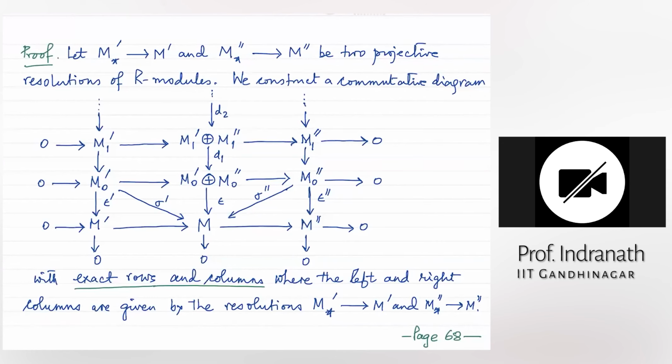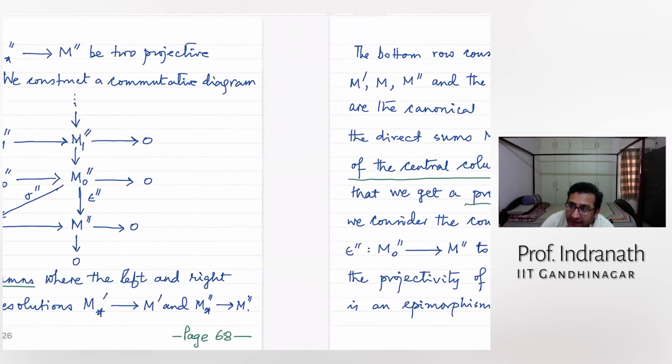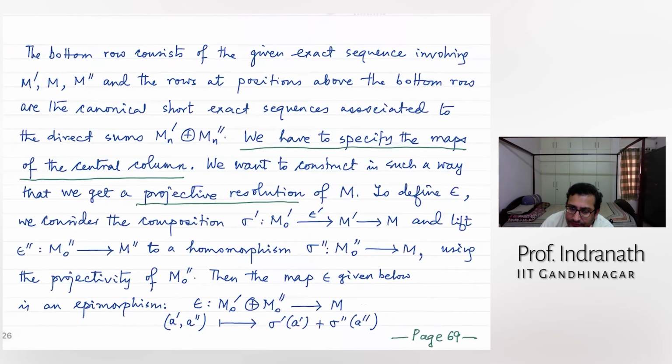This map will be defined using this. Then the definition is clear. Is that fine? Okay, this epsilon. So this is basically sigma dash a dash and then sigma double dash a double dash. So here you are.